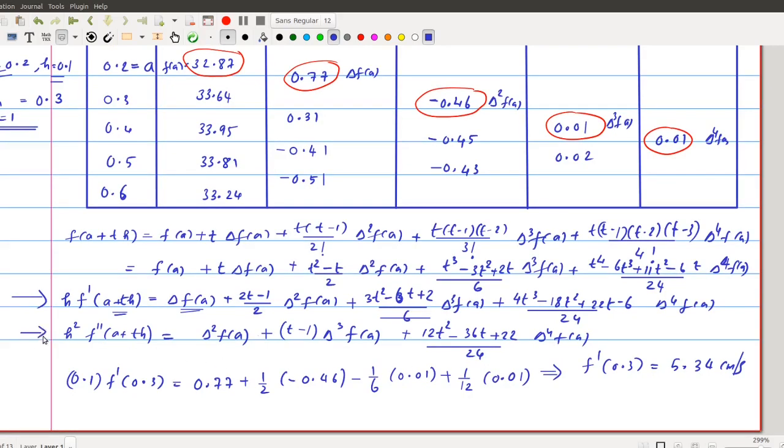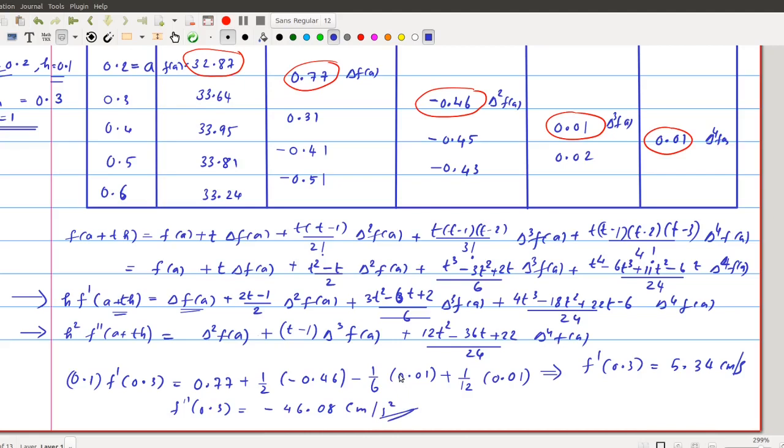Similarly, by substituting the values in this equation, you can get the acceleration as well. So please work it out by putting h equal to 0.1 and this will be 0.3, and evaluate this expression. Then that will give f double dash of 0.3 as minus 46.08 cm per second square. Okay, so these are two values.